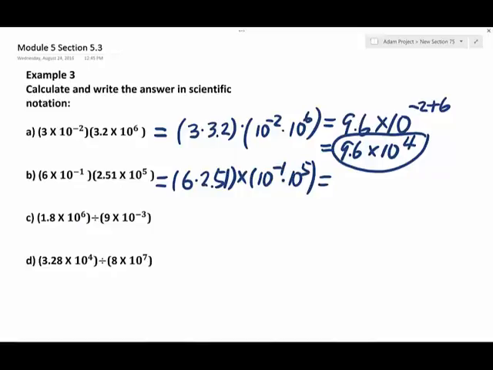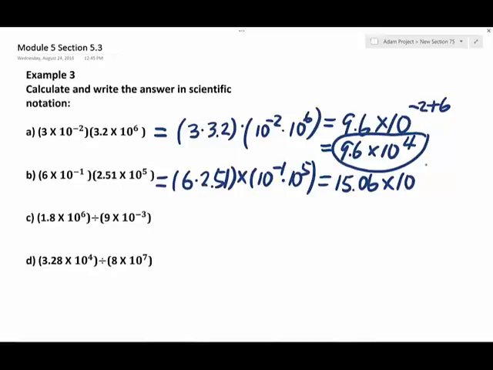Now 6 times 2.51 is actually 15.06, times 10 to the next combined exponents.